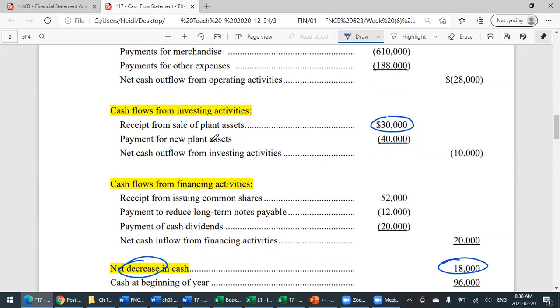These two actually relate to each other, agree or not? They both refer to the machine, right? But here, you paid money to buy new machines, and you sell your machine and got this money. So what does that mean? You think you can tell more after knowing these two lines?